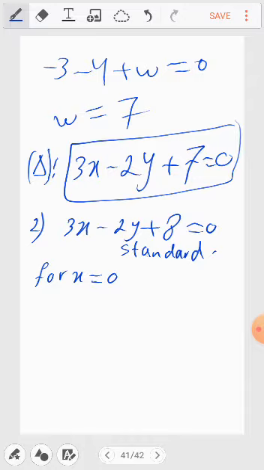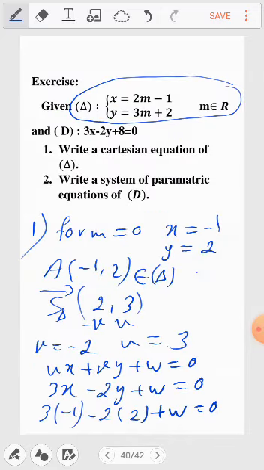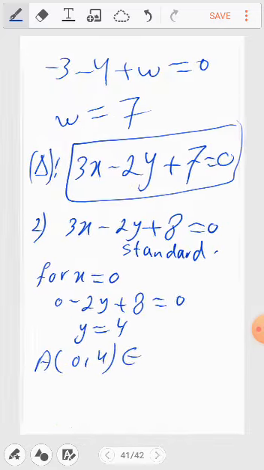This straight line contains an infinite number of points. One of these points, for x equal to 0, substitute 0 minus 2y plus 8 equal to 0, then y equal 4. So point A(0,4) belongs to this straight line called D.